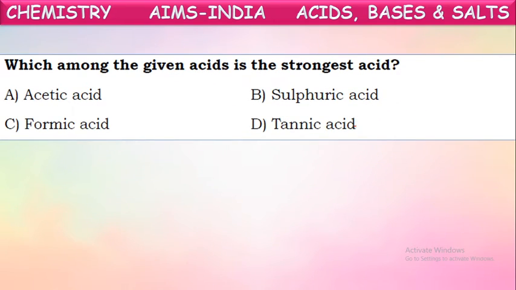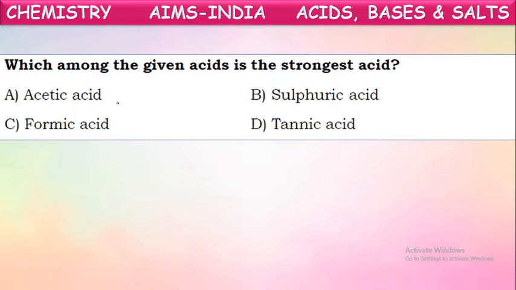Which among the given acids is the strongest acid? Which is the strong acid among these? Is acetic acid a strong acid? We have one generalization here. Almost all organic acids are weak acids. Only inorganic acids like hydrochloric acid, sulfuric acid, and nitric acid are strong acids.